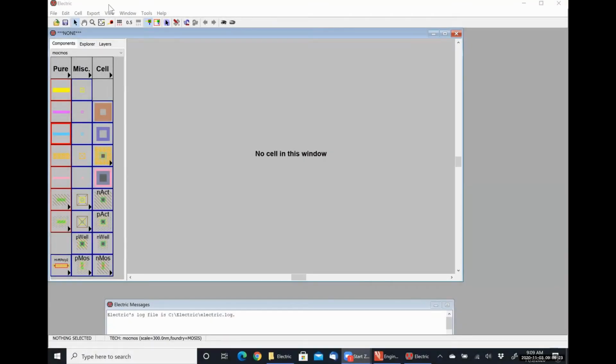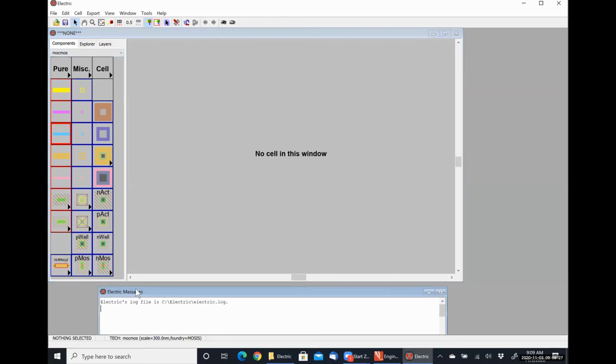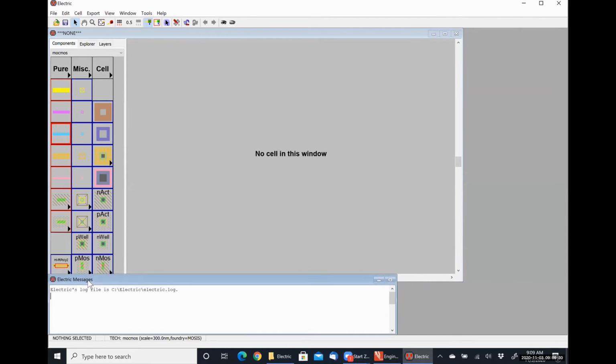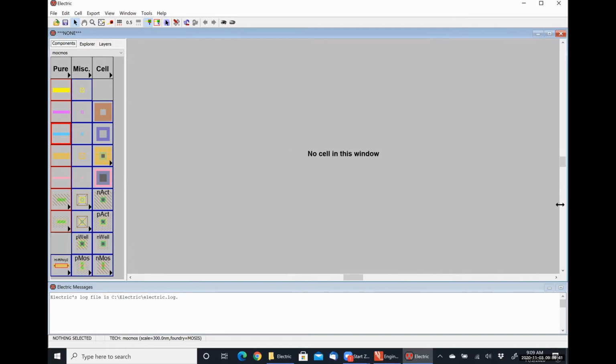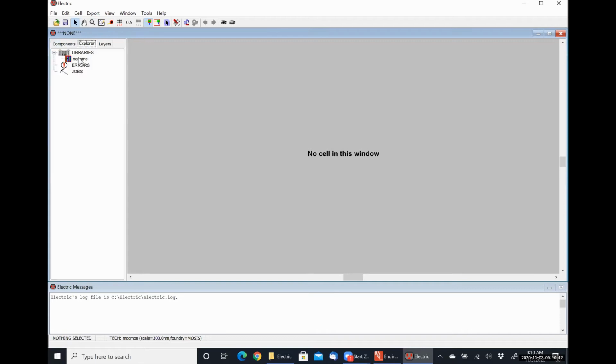All righty, I've remembered to unmute myself, and I've remembered to share my screen. So I am going to go into Explorer.